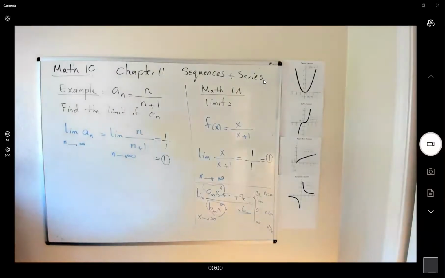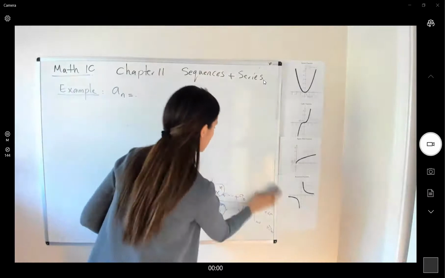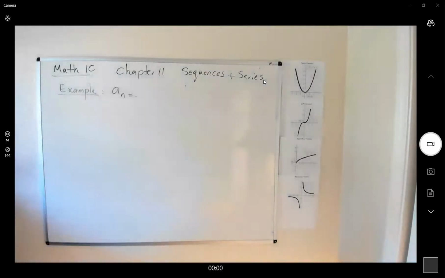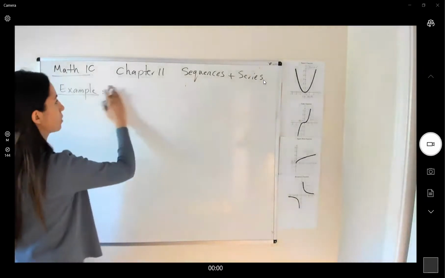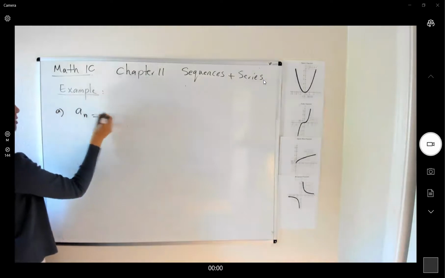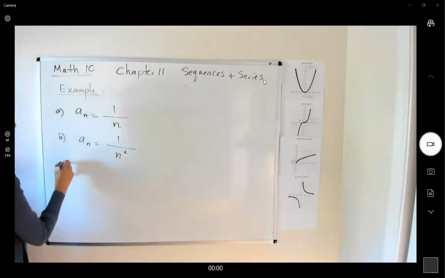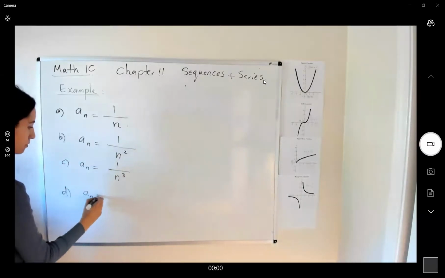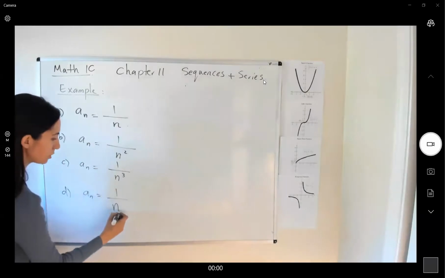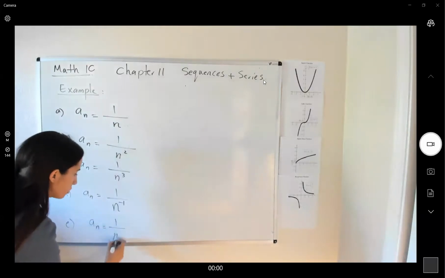More examples. There you go. Suppose you have a_n equals 1 over n, a_n equals 1 over n squared, a_n equals 1 over n cubed, a_n equals 1 over n to negative 1, and a_n equals 1 over n to negative 2.